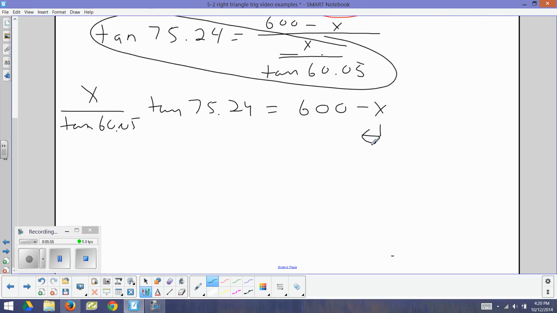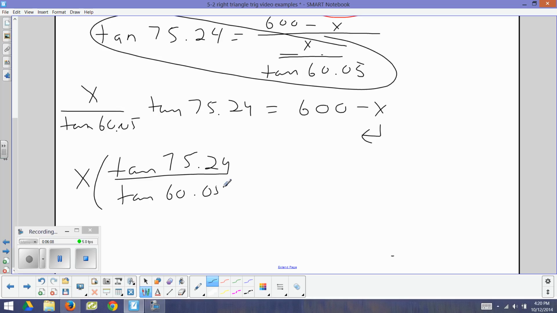Move this x over to the other side. I'm going to rewrite the left side again as tangent of 75.24 over the tangent of 60.05 times x. So I'm adding x.